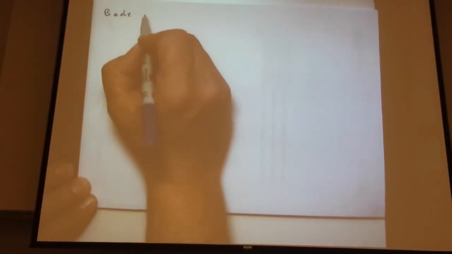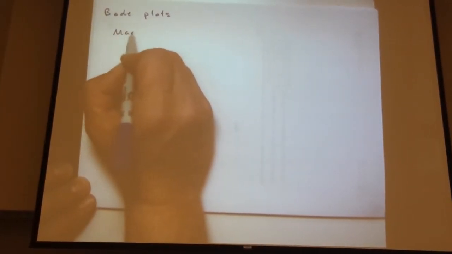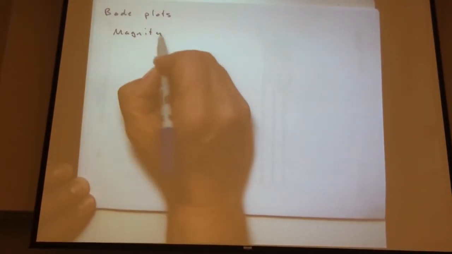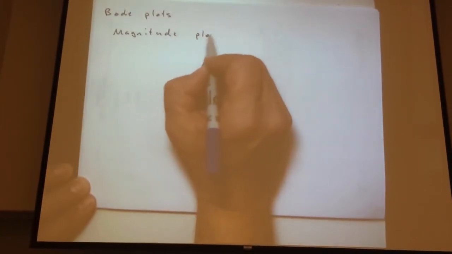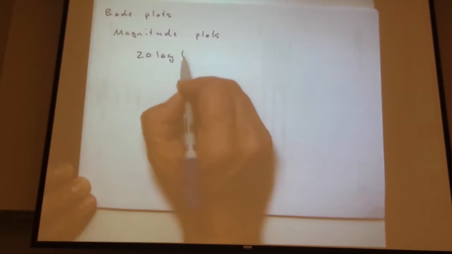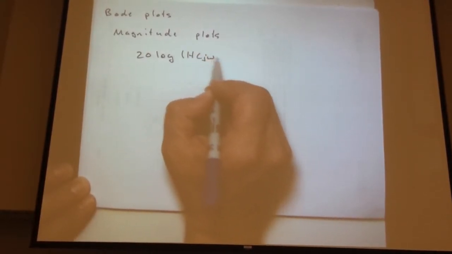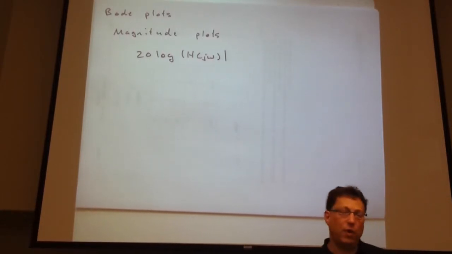Okay. So, we were looking at Bode plots. And specifically, last class, we were looking at magnitude plots, which is essentially 20 log magnitude of H. And again, I'll use H of s or H of j omega interchangeably. They're both there. And we considered our straight line approximation.